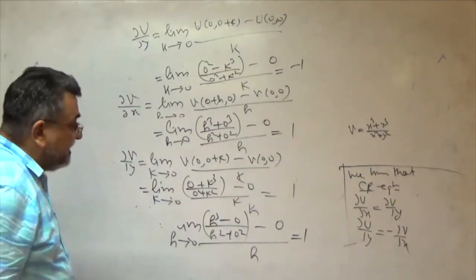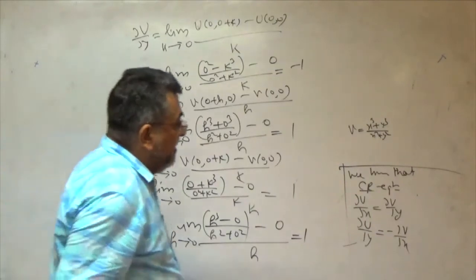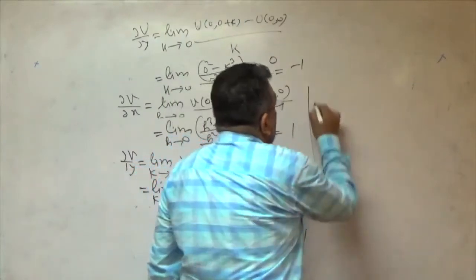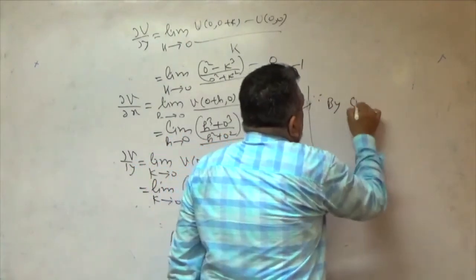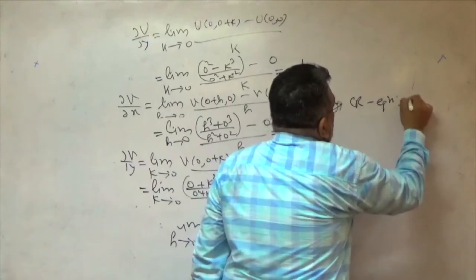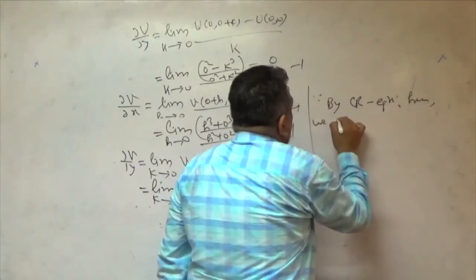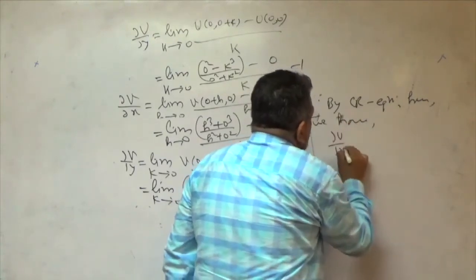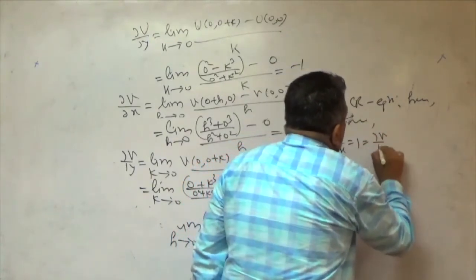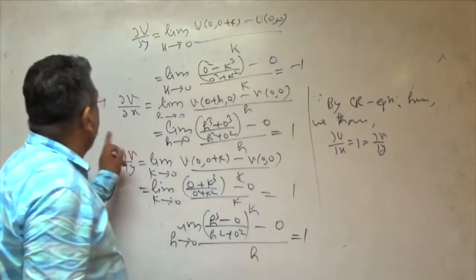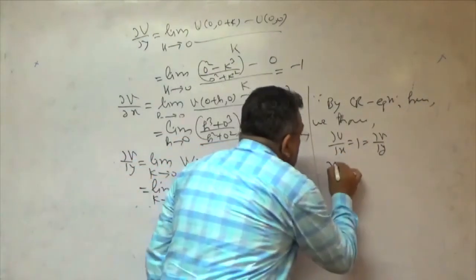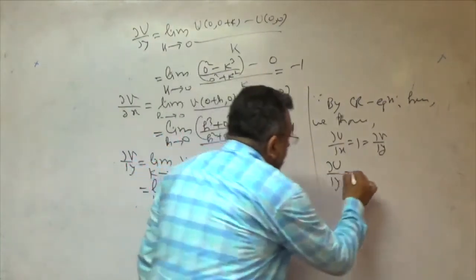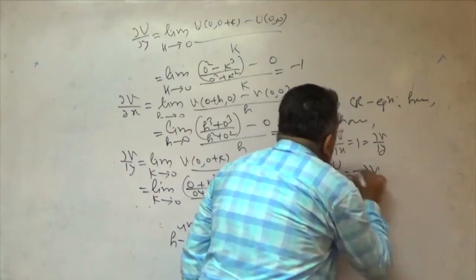All four derivatives exist, and by the CR equations, here we have del u by del x equal to 1 equal to del v by del y, and del u by del y equal to minus del v by del x.